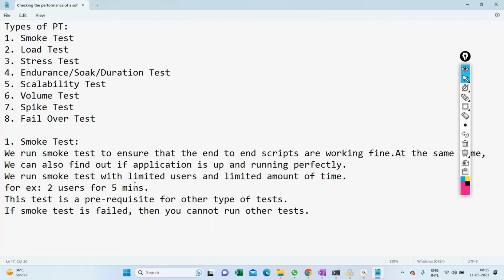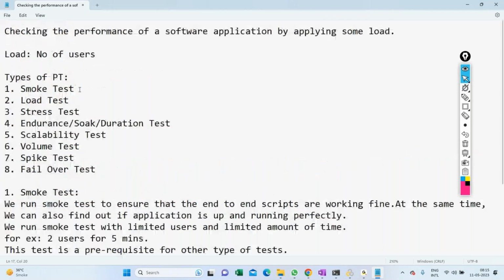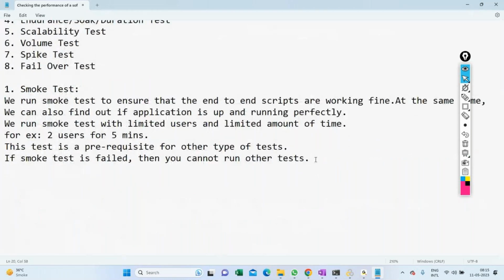Okay, thank you. Okay. So then next one is load testing. Very, very important. The first major type of test that we do in performance. So why is it a major test?